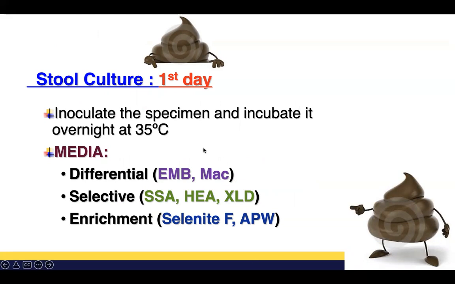For selective media, you can go for Salmonella-Shigella agar, Hektoen enteric agar, and Xylose lysine deoxycholate. Enrichment media, you can opt for selenite F or alkaline peptone water. This is actually much more common.